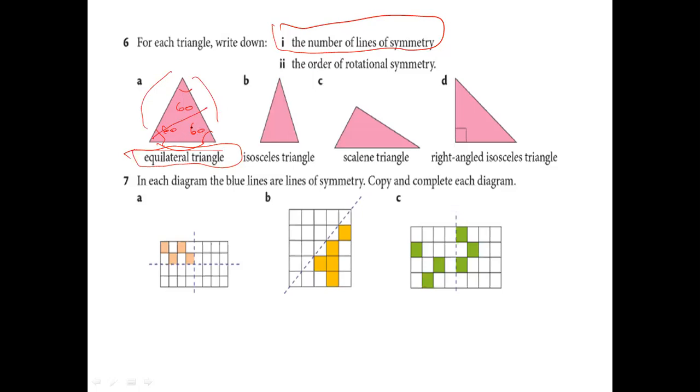Yes, because this part and this part are exactly equal to each other. That's why one. And when you divide it vertically, the left side and right side are also equal. Yes, exactly equal, because you can measure with the angles, 60 here.